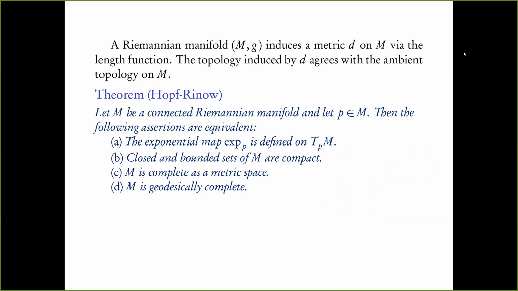Any geodesic can be extended for all times. In the last 3 conditions, there is no dependence on P. The first condition, of course, depends on the P that you chose. So the theorem says that A, B, C, D are all equivalent.